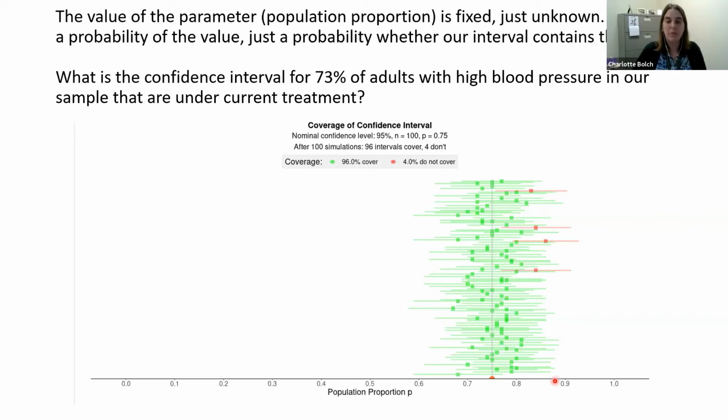And this is what we mean when we say we have a 95% confidence interval. We're sampling from the population over and over again, and 95% of those intervals will contain the true population proportion or mean. We can see from the simulation that we're very close. We have 96 intervals that cover, but 4 that don't.